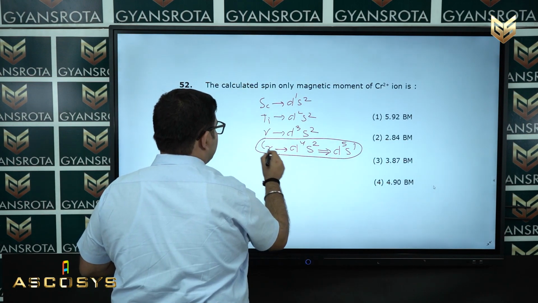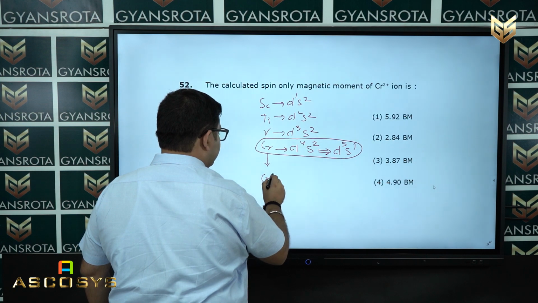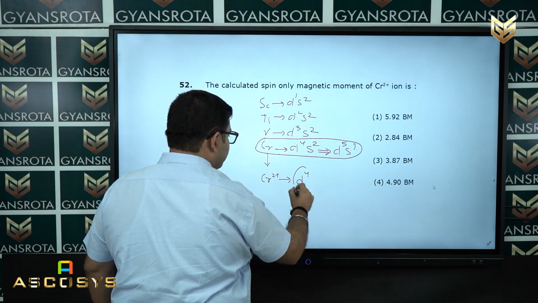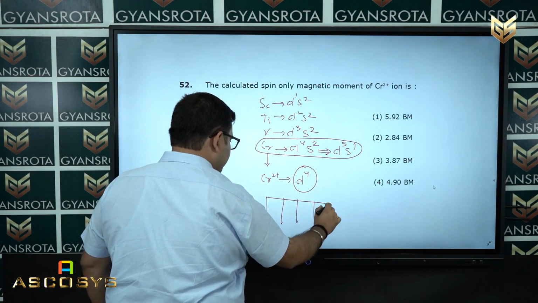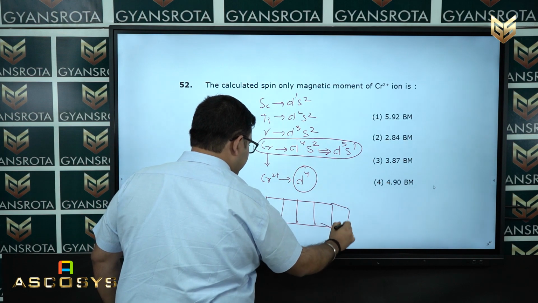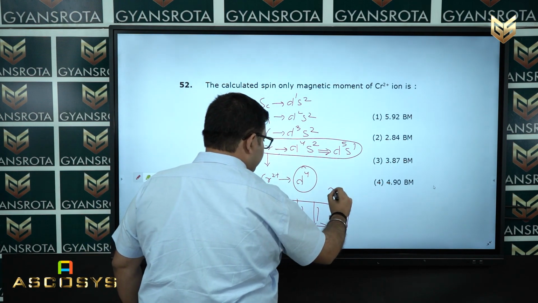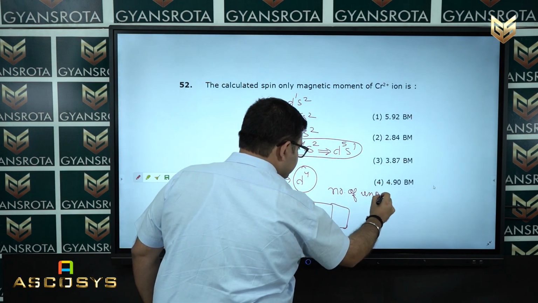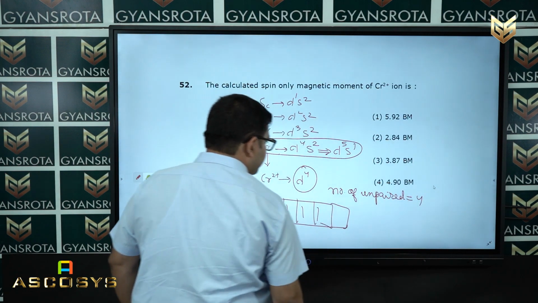So, they asked about chromium 2 plus. When chromium is 2 plus, the electronic configuration is d4. Now d4: 1, 2, 3 and 4. So the number of unpaired electrons is equal to 4.